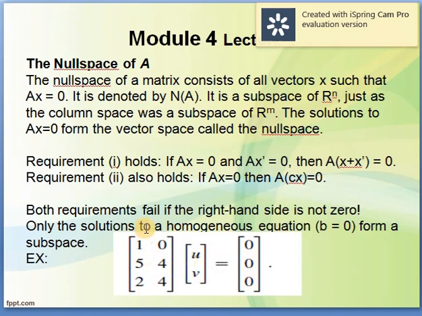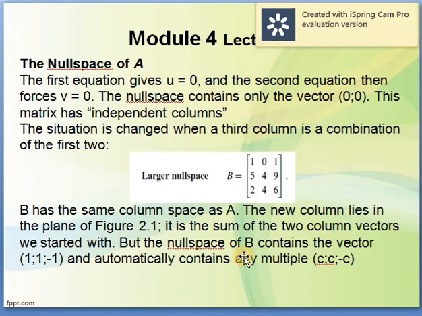Now, if we construct another matrix, let's consider another matrix B. This B has that same matrix plus a third column, and the third column is nothing but the sum of the first and second columns: 1 plus 0, 1; 5 plus 4, 9; and 2 plus 4, 6.